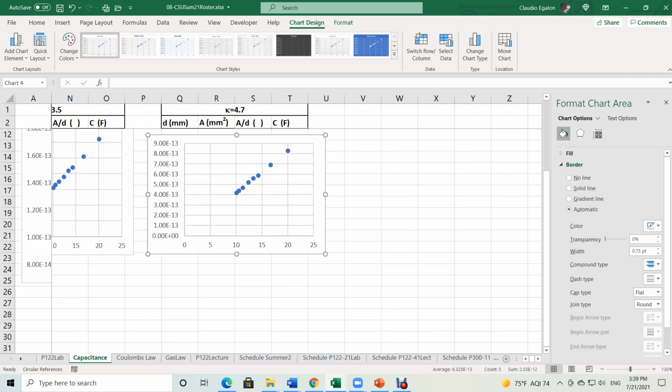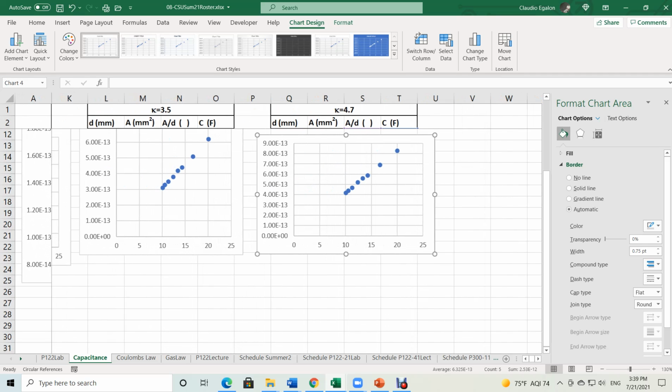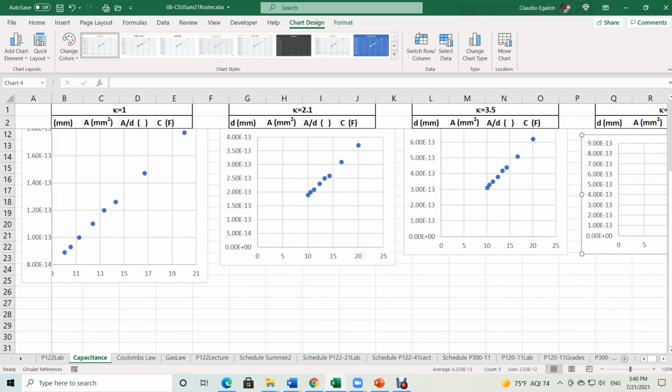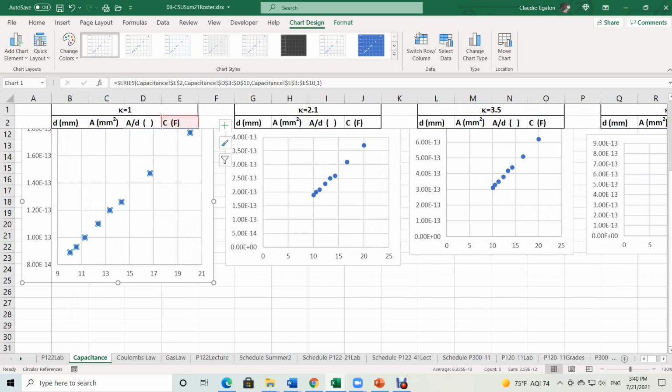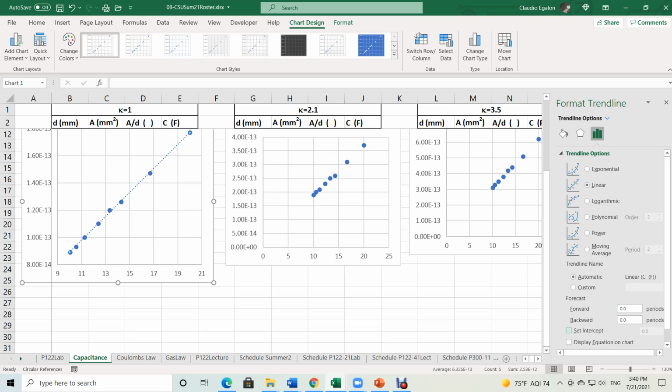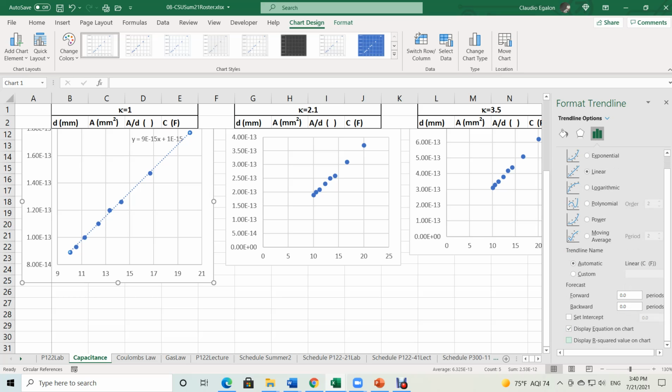Zoom out so we can try to see everything here. What else do we need? We need to put the equation there. Right click, add trend line, display equation chart. It's gonna be linear. Here you go.